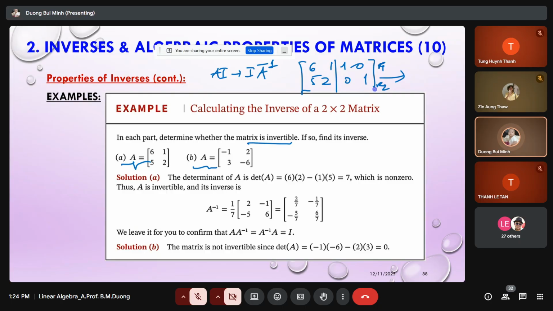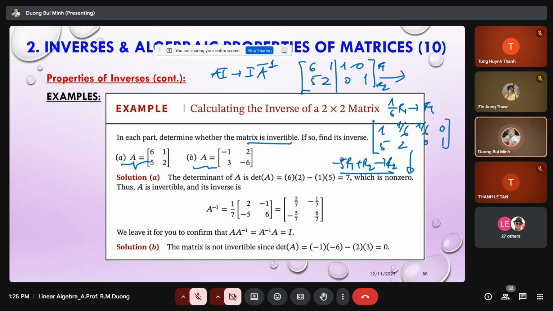We multiply by 1 over 6 with R1 replacing R1. You can get 1, 1 over 6, 1 over 6, and 0. And this one is 5, 2, 0, 1. Then we would like to eliminate the 5, so we multiply minus 5 with R1 plus R2 and replace R2.